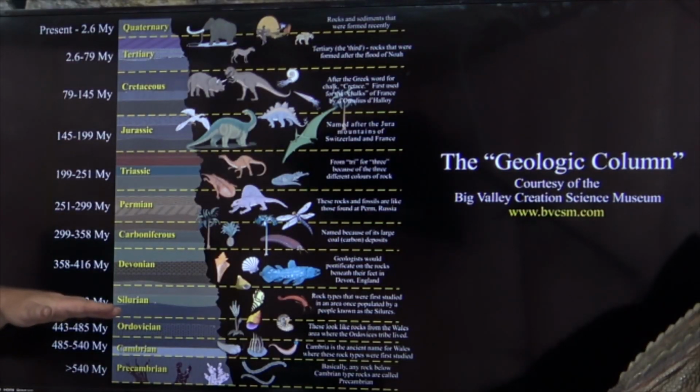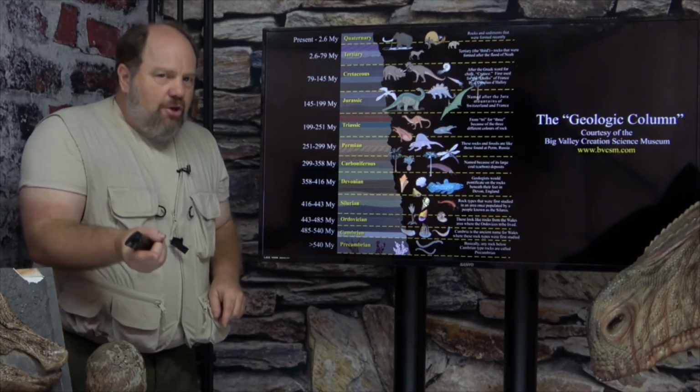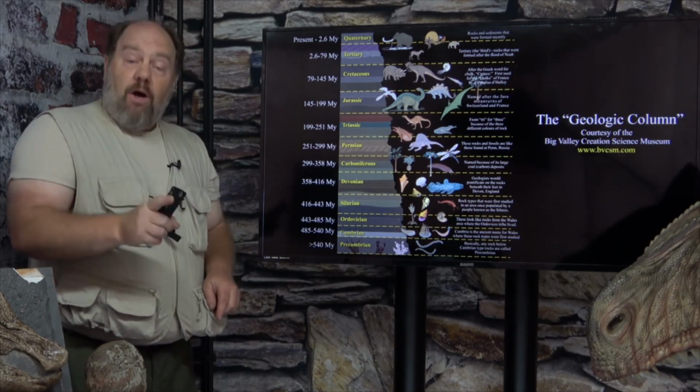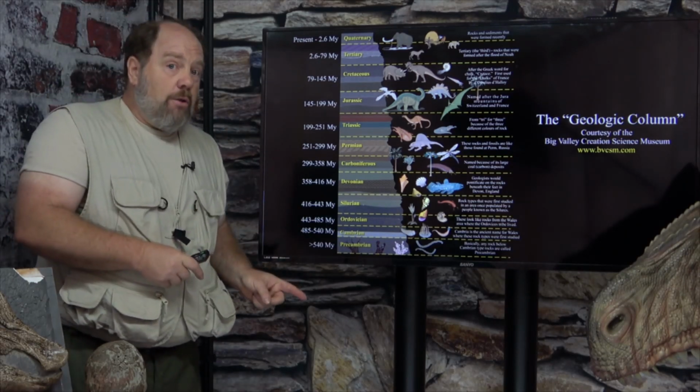Wait, why was that layer assigned to the Ordovician? Because of the fossils contained within the rocks and the presumed age of those fossils based on the evolutionary geologic and fossil column. There is no other reason for these assigned ages.